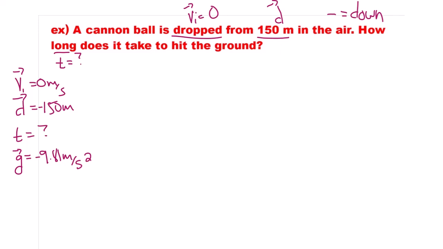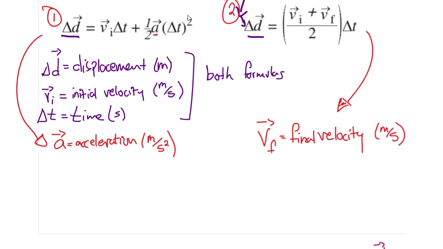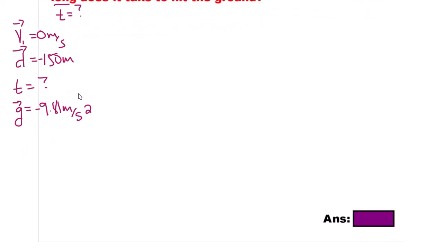So how long does it take to hit the ground? Let's look back at my formulas. I know VI, D, and g, or a, and I'm looking for t. So I don't know the final velocity. I can't use this right-hand formula, so I have to use the same one again. I'm going to have to do a little bit of algebra to get t by itself, but it's not going to be as bad as we think it's going to be. So let's start by setting up the formula.